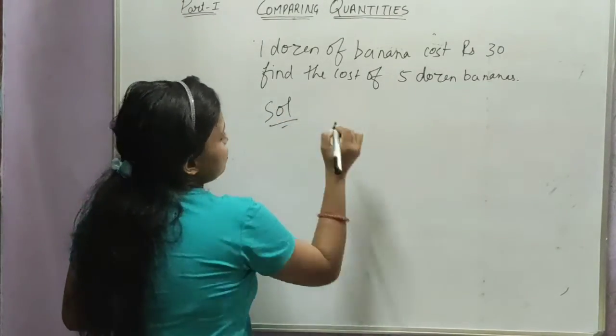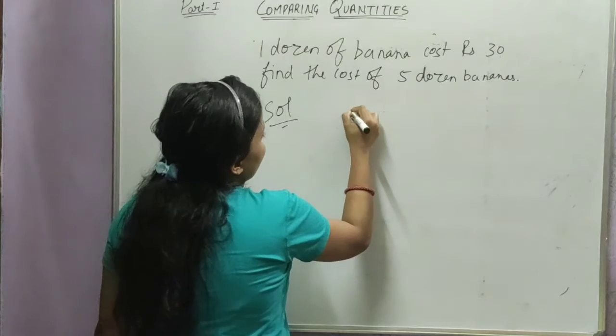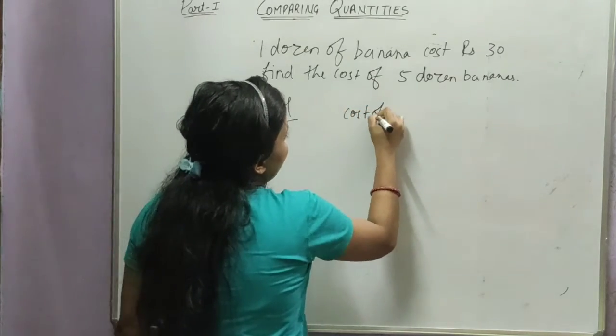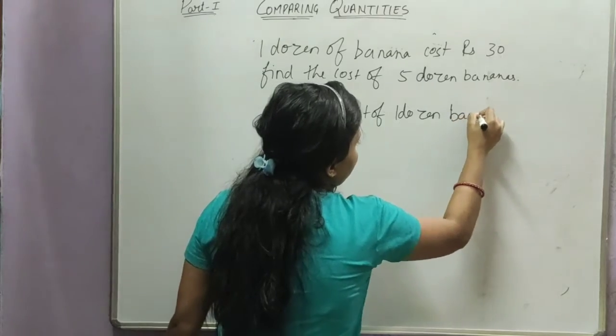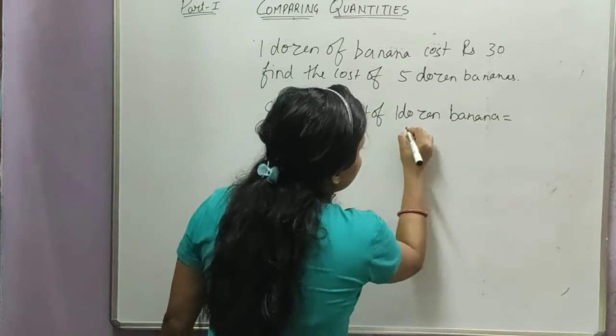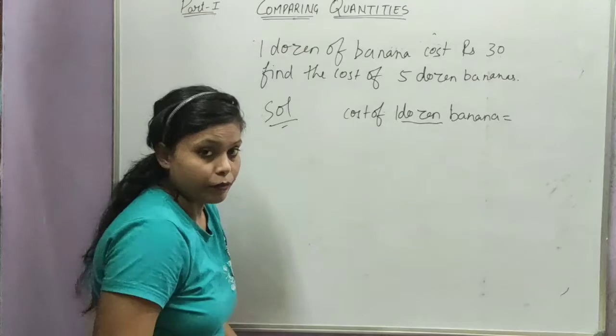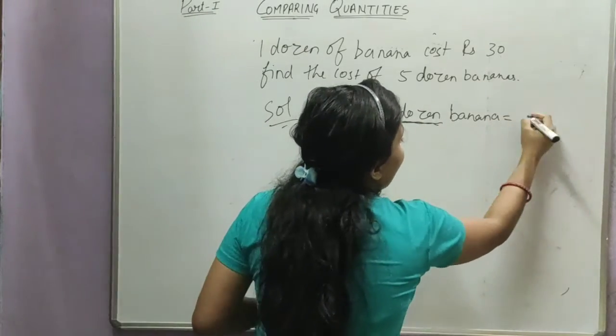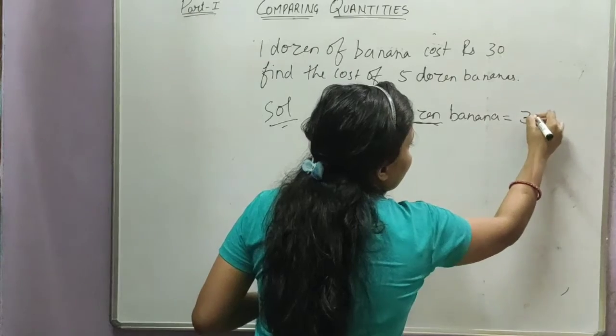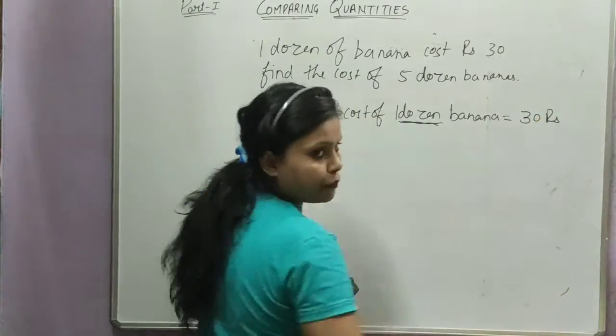How will we solve this? Okay. Cost of 1 dozen banana. Dozen is the quantity. Okay. Dozen is the measure of the quantity. Okay. 1 dozen banana is rupees 30.